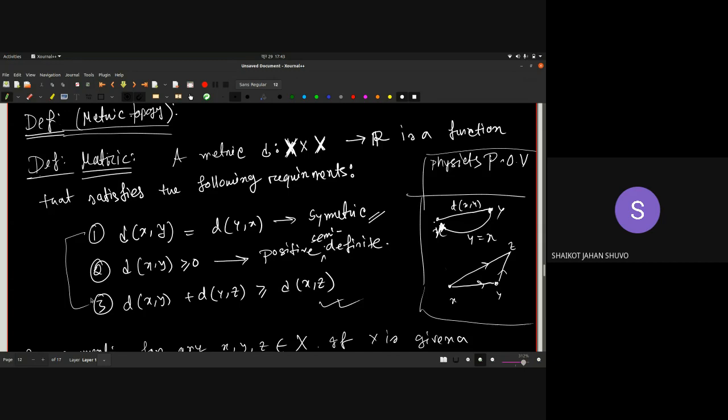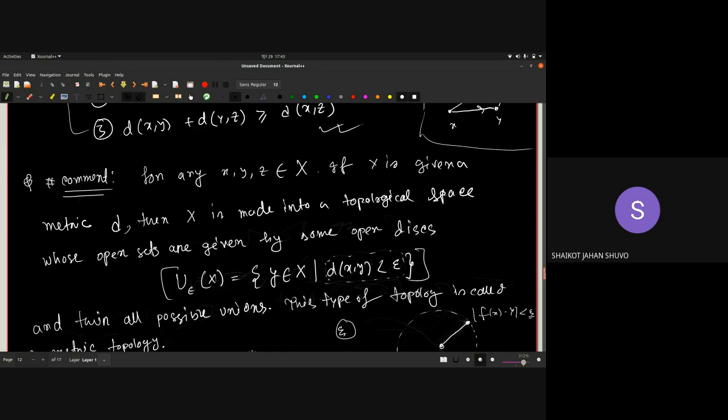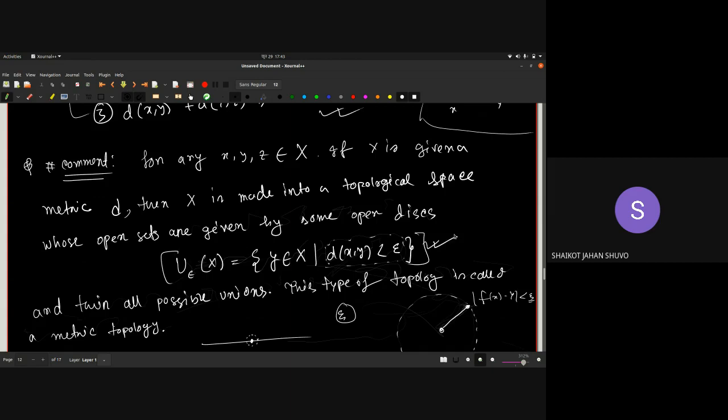On that resulting set, let's not call it a space right now, if you have your open sets, which are given by this definition, some balls or open disks, then that metric along with these open sets and their arbitrary unions will define your metric topology.